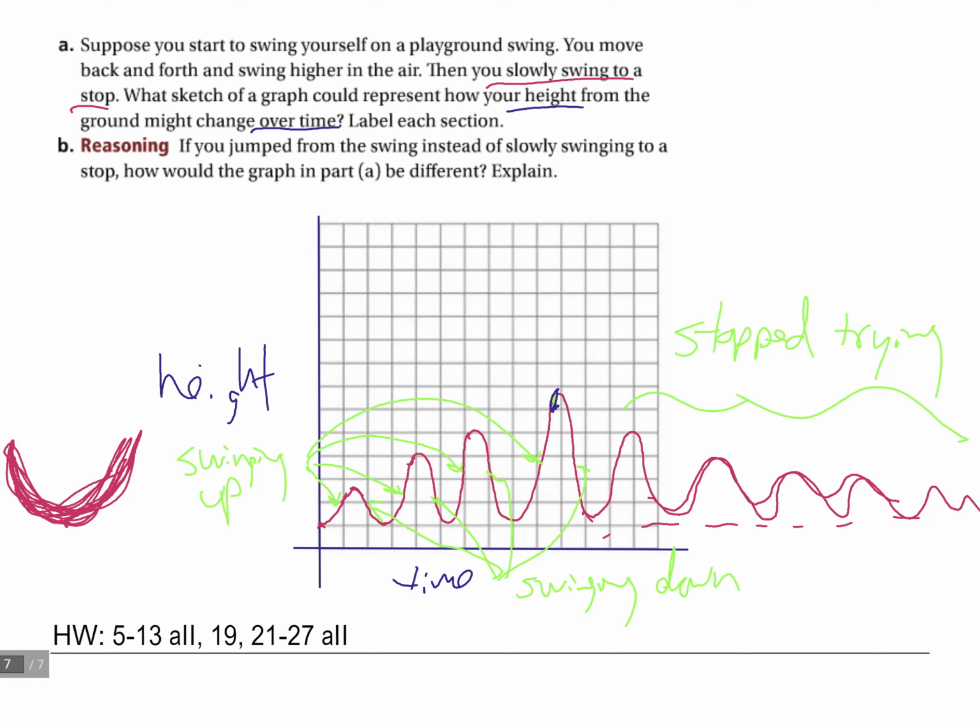So picture yourself jumping at your highest point. I'm sure people did that. Probably somebody broke their arm. Would we go any higher than the swing did? Probably yes. So we're going to go up a little bit higher, but not much.